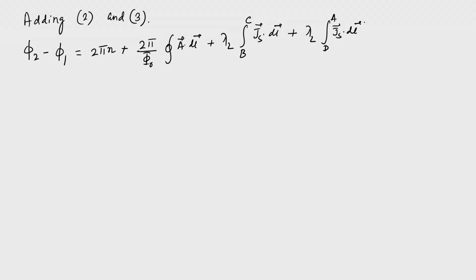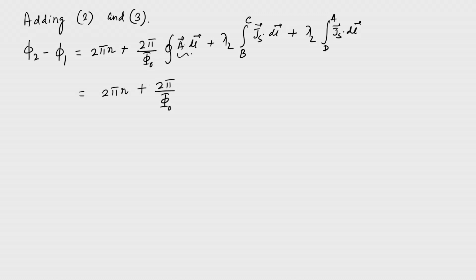This is of course by assuming that these Josephson junctions have infinitesimal width. So this is the difference in phases of the two superconducting condensates.